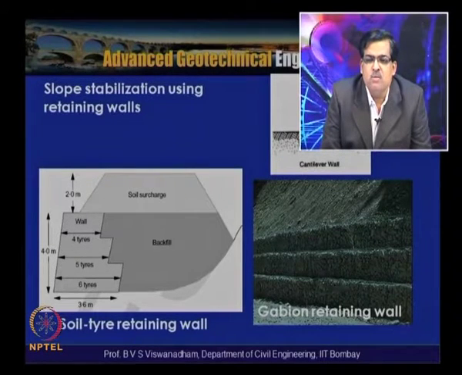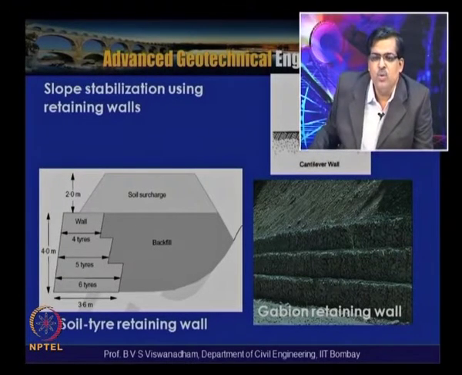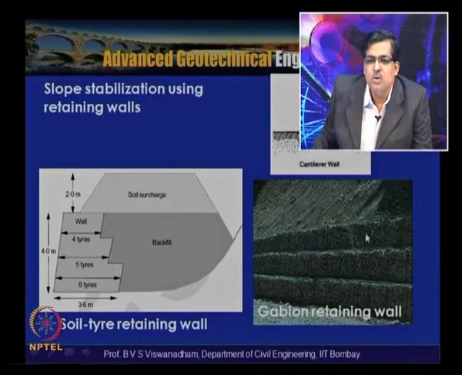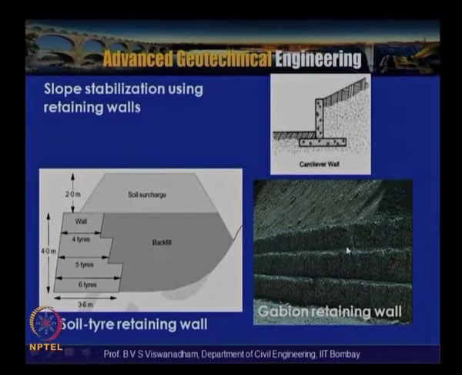So the provision of the gabion walls is nothing but gabion baskets filled with a selected amount of stones, which are shown here, and because of their excellent drainage characteristics, they ensure the drainage of the water.